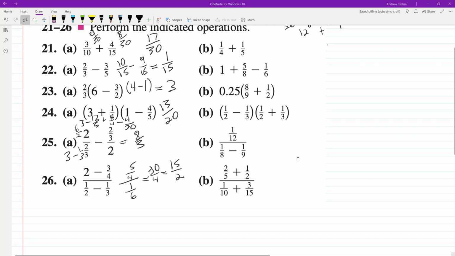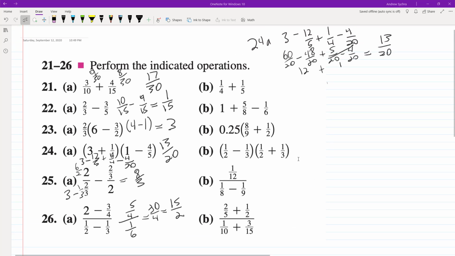Cool. All right. So starting on the right side here, 1/4 plus 1/5. So this is going to be equal to, common denominator is 5/20 plus 4/20. We end up with 9/20. So 1 plus 5/8 minus 1/6.